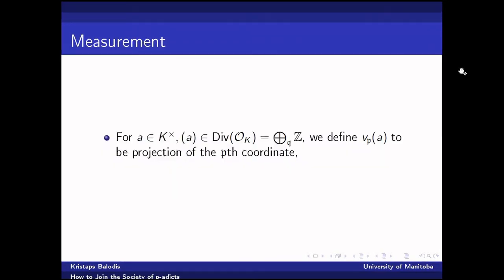Recall that for any element of our field, that element generates a fractional ideal. And that fractional ideal has a unique decomposition into prime ideals. So this is just a decomposition of prime ideals in a numerator and prime ideals in a denominator.